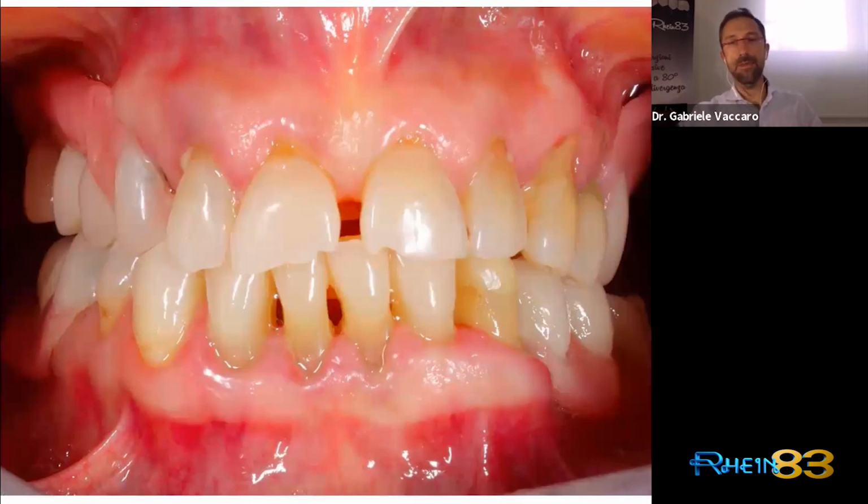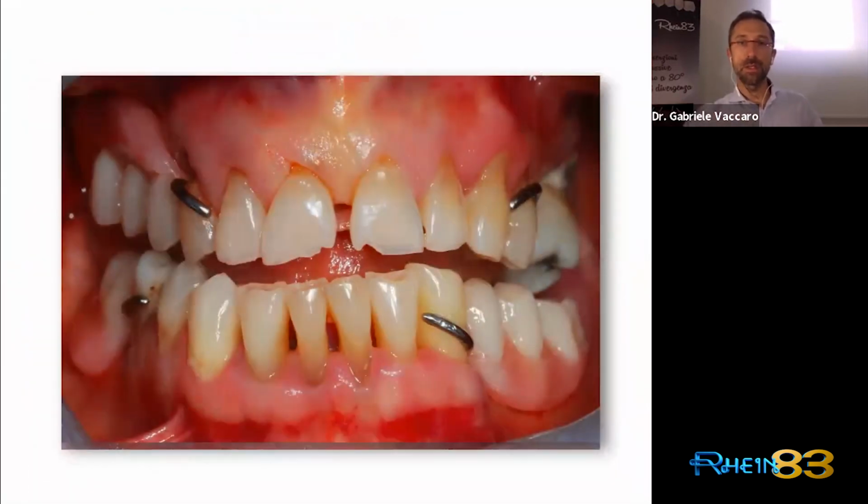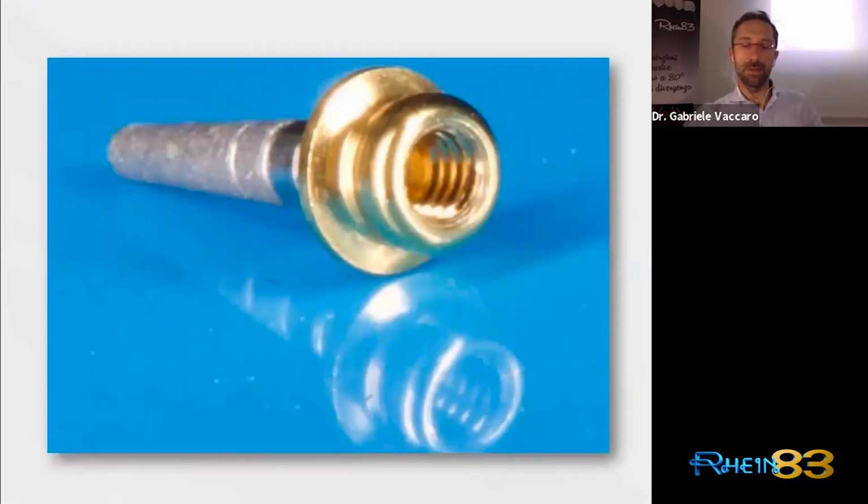And this is a very simple, easy way to restore the residual roots for the patient. It's very cheap, but we still have excellent aesthetics, and most of all, we are respecting the biological and biomechanical principles for residual roots. Okay, so this is a synthesis of the case.